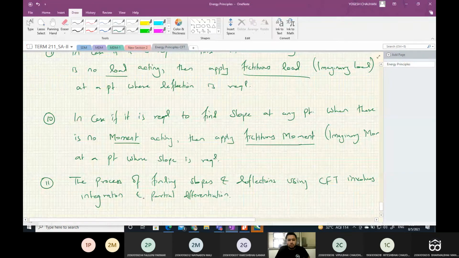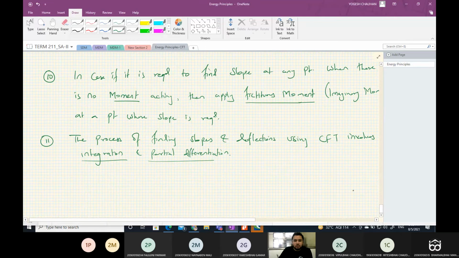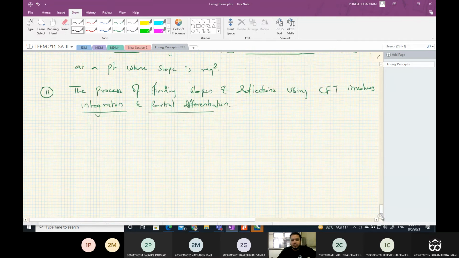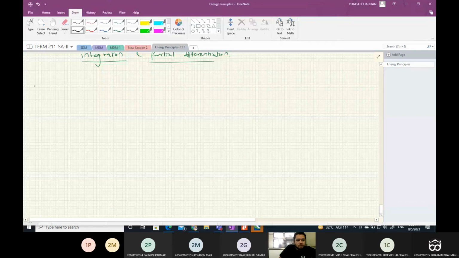So you should go through the integration and partial differentiation rules for solving the examples. So this was about the theory part related to Castigliano's first theorem. Now we will take an example to understand this theorem.